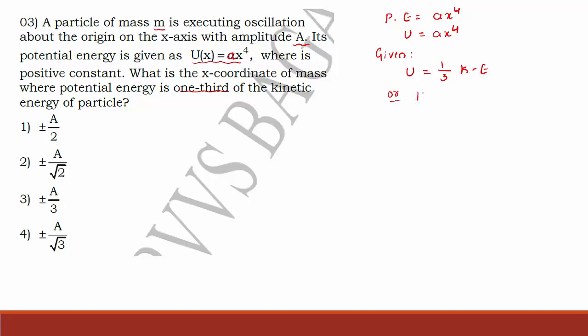Or I can write it as kinetic energy equals 3 times the potential energy, that is 3 times a x raised to 4. This is the kinetic energy from the given equation.